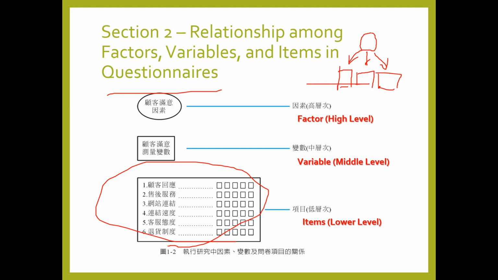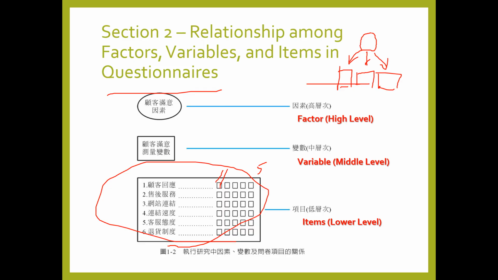Strongly disagree means he or she is not very satisfied, so maybe they will click on 1. 1, 2, 3, 4, and 5 here. If they are very satisfied, they will click on 5.